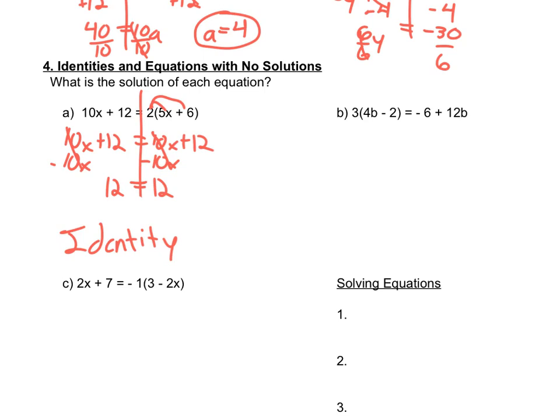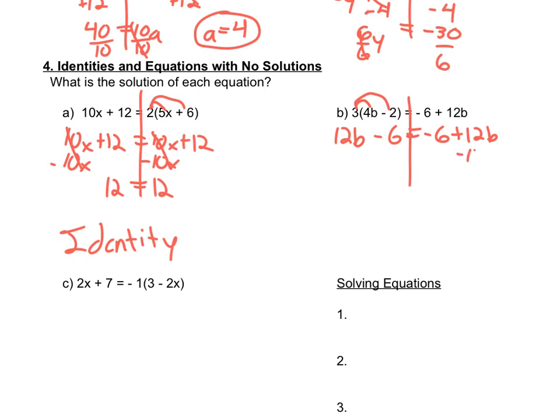So then part B, I'm going to distribute first. Okay, and that's going to be 12b minus 6 equals negative 6 plus 12b. Sorry about the bell again. This is going to be negative 6 plus 12b. That didn't have to simplify at all. And then I'm going to think about what happens when I solve this one.